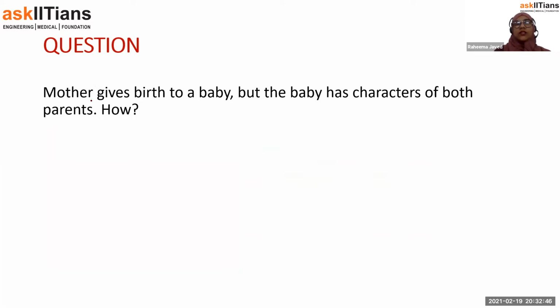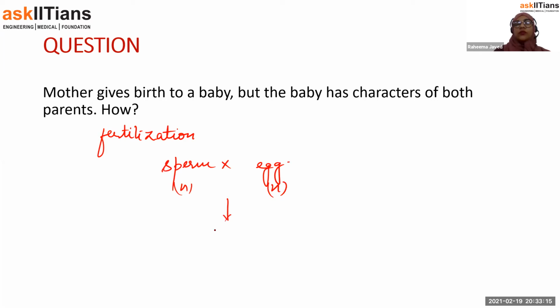Now the next question says a mother gives birth to a baby but the baby has characters of both parents. How? Although the mother is giving birth to the baby, before the birth, during the process of fertilization, the sperm fuses with the egg. The sperm has its own haploid number of chromosomes, and the egg has its own haploid number of chromosomes, which mix together and form a diploid cell, which is known as the zygote.